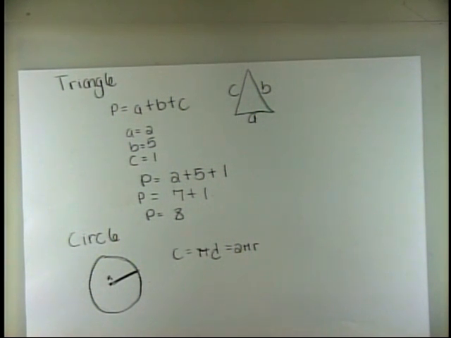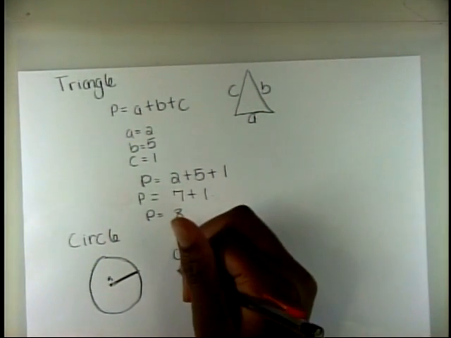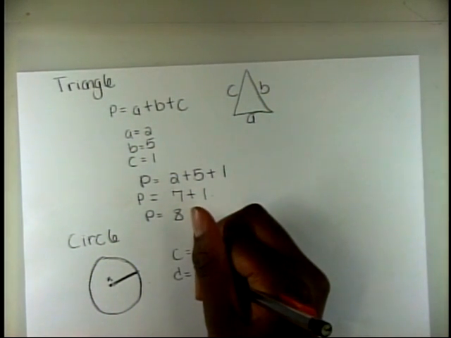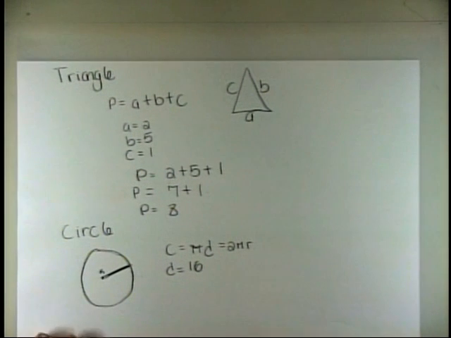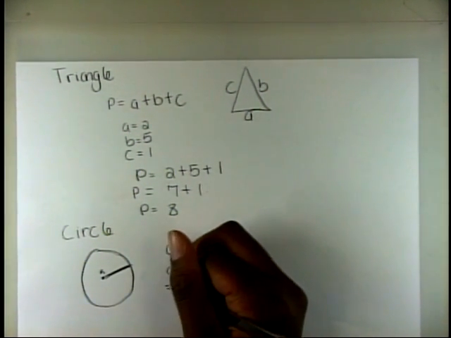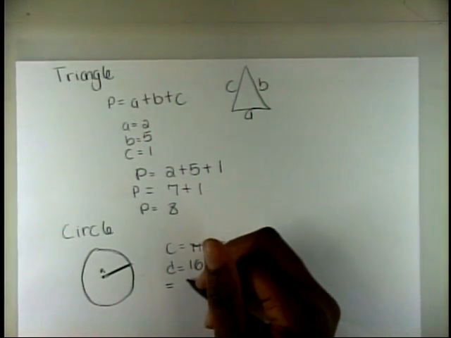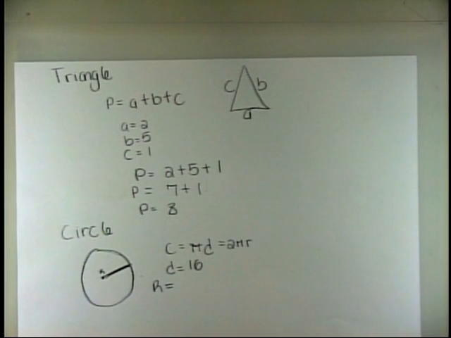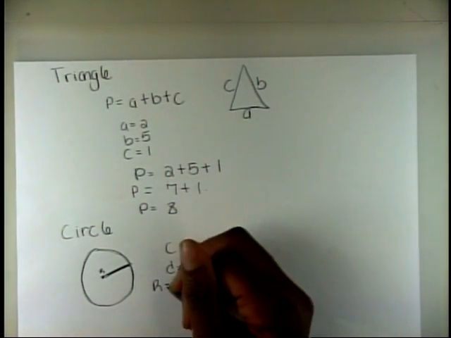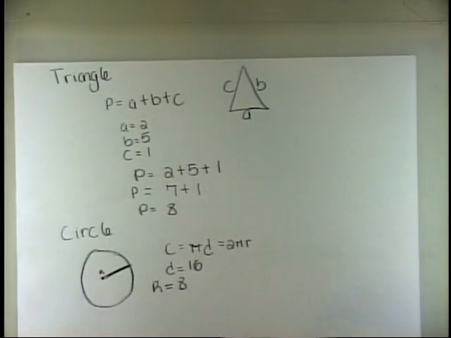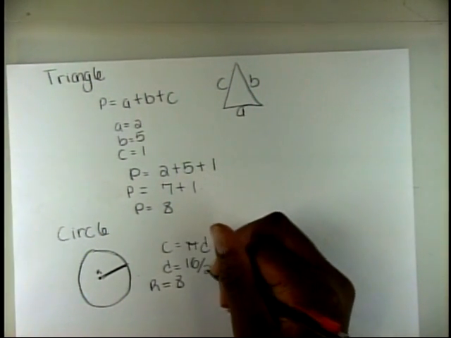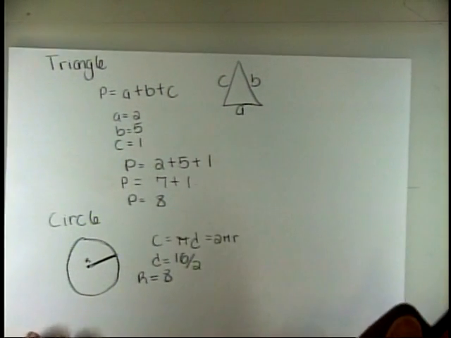First, if I plug in the diameter of 16, my radius will be 8. 16 divided by 2 will give me 8 for the radius.